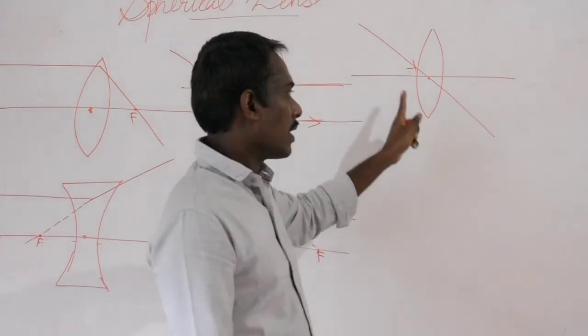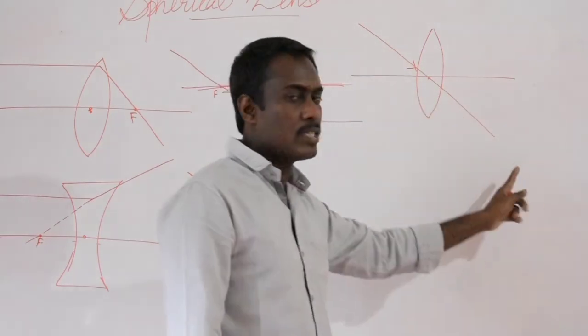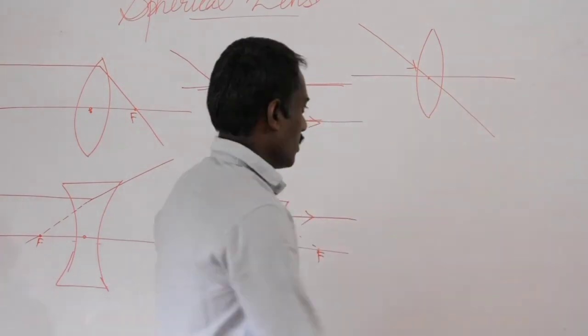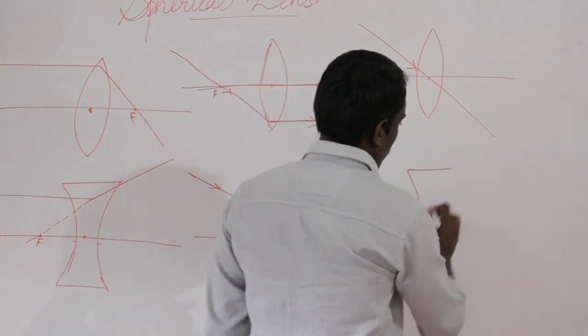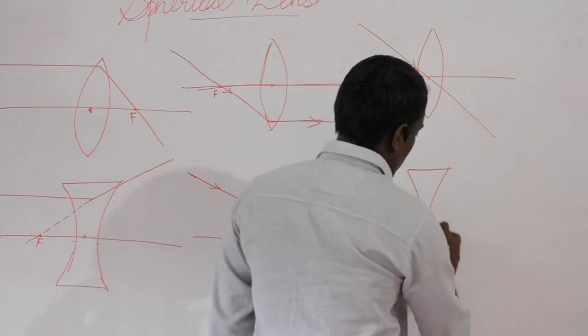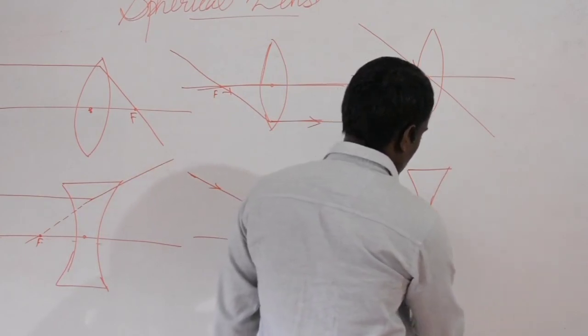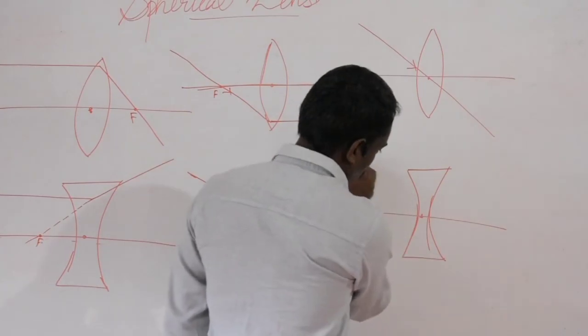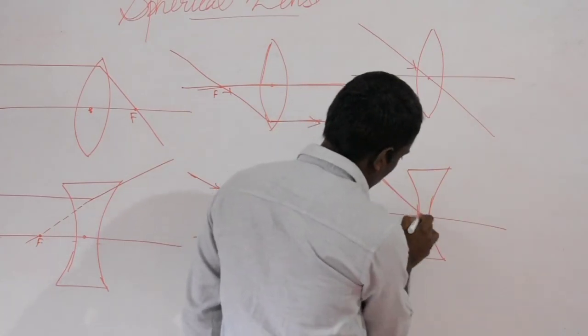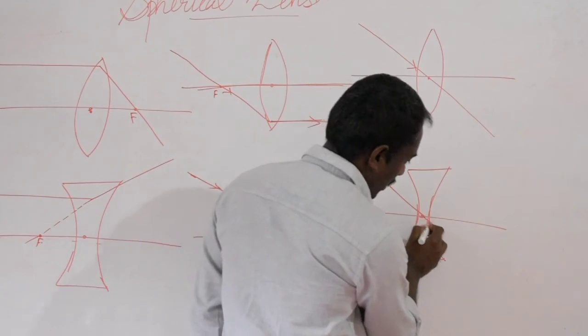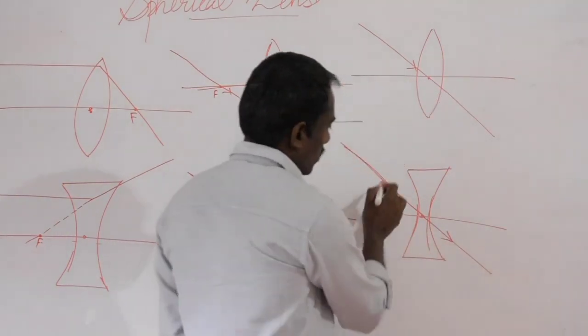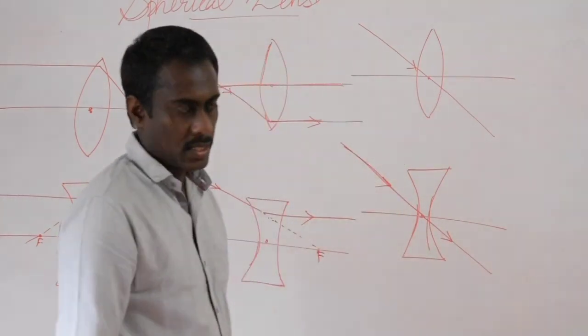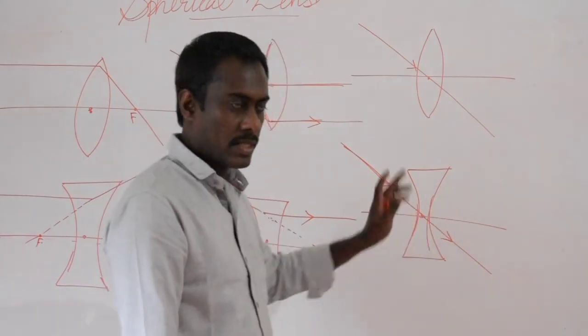Any ray of light passing through the optical center of the lens will continue in the same direction without refraction. That means the light does not refract, it continues its path without changing its direction. No refraction takes place in that case.